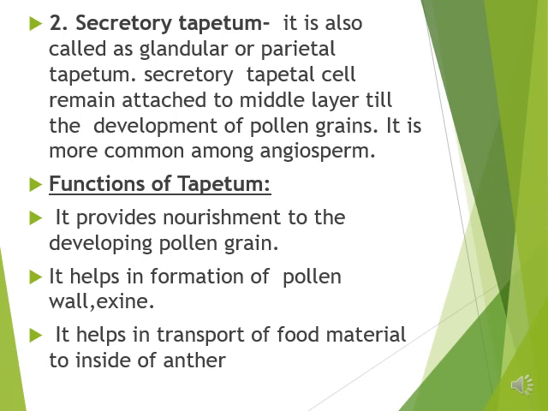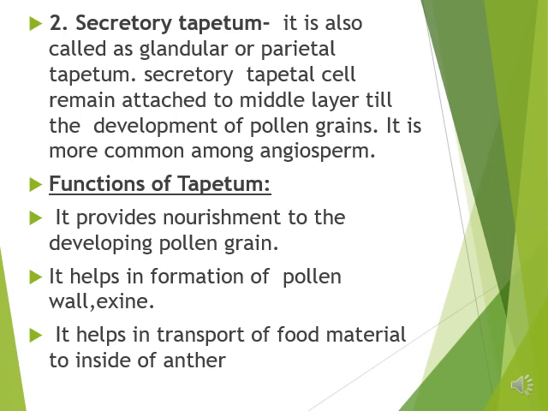Now we will discuss the function of tapetum. First, it provides nourishment to the developing pollen grains, including the growing pollen grains as well as the sporogenous cells, microspore mother cells and young microspores.